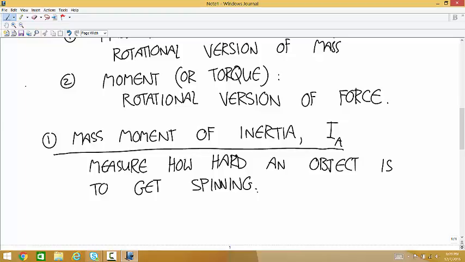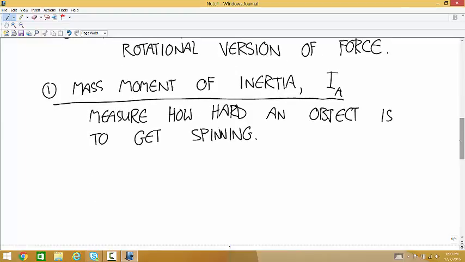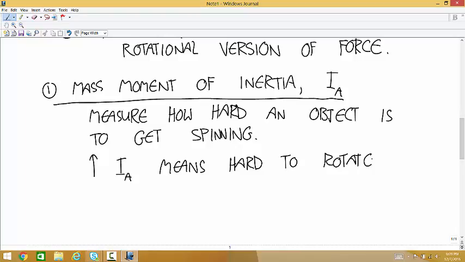It's resistance to rotation. So a high value of the mass moment of inertia means that it's hard to rotate. And a low mass moment of inertia means it's easy to rotate.